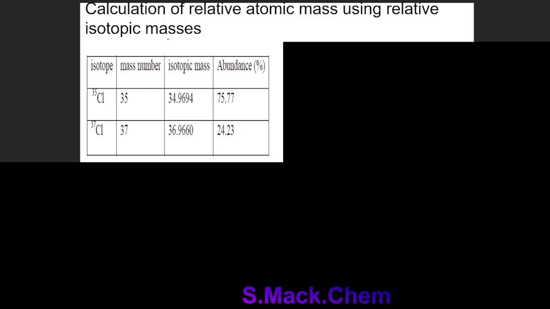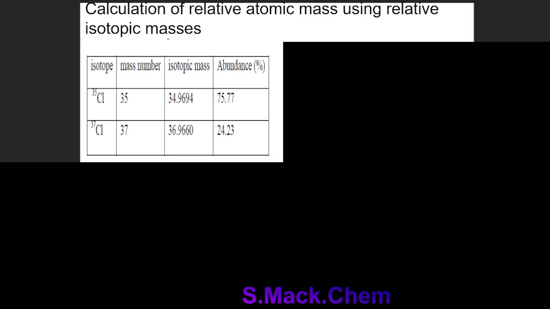We are also given the abundance of each isotope in nature. That is, in a sample of, let's say, 100 atoms, the percentage abundance of each isotope would be 75.77 and 24.23.